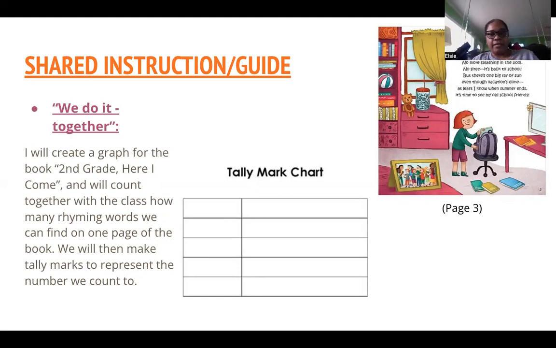You see, I created the graph for you, and then we're going to count together how many rhyming words we can find on one page. I have that page right there. Then we'll make the tally marks to represent the number we count. So first we're going to read it. Back to school, no more lazy beach ball days. No more summer getaways.